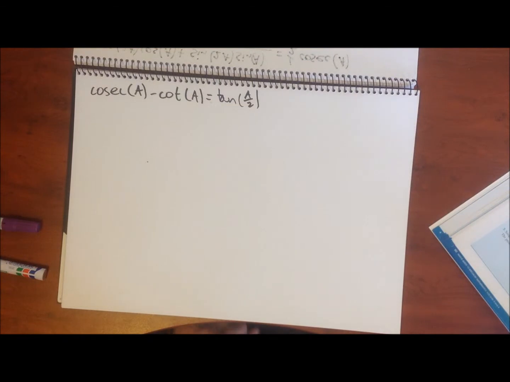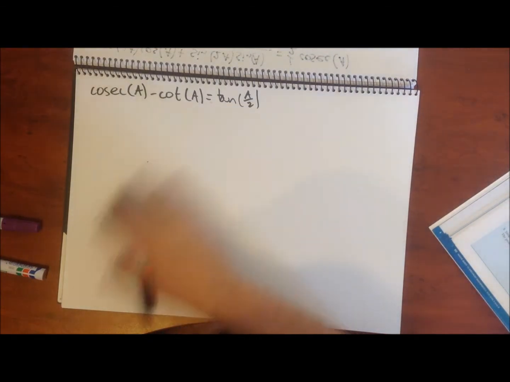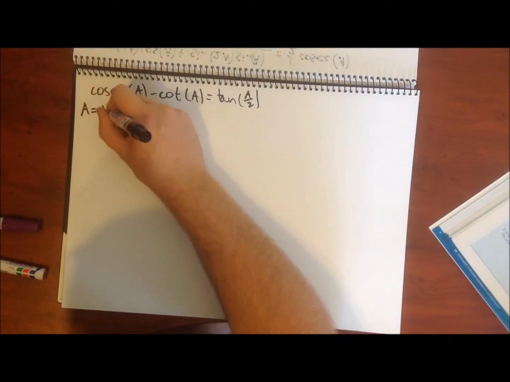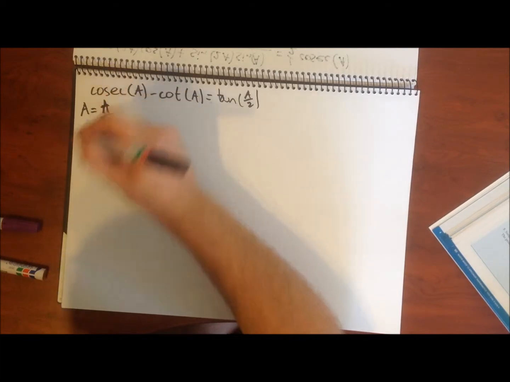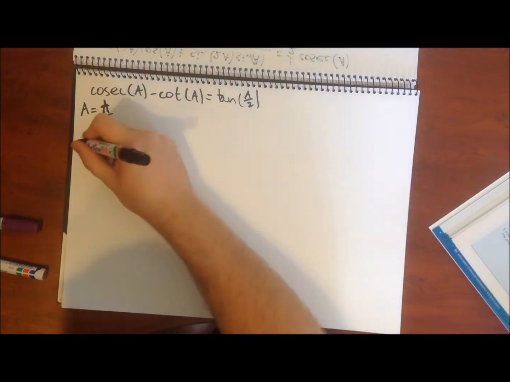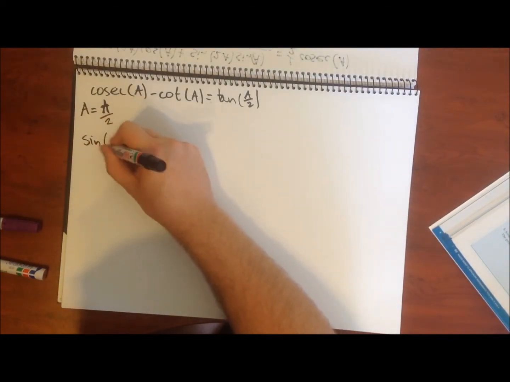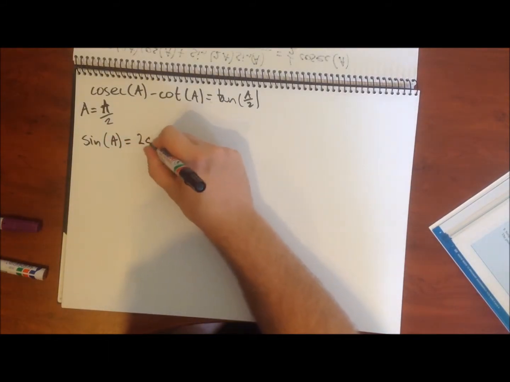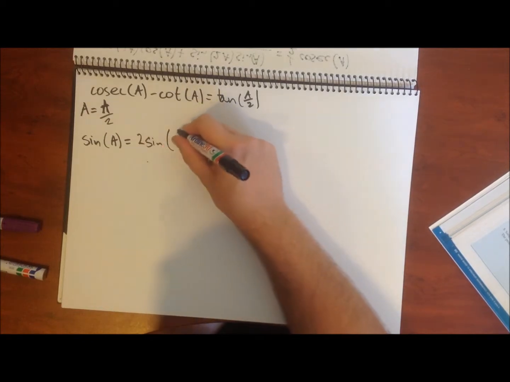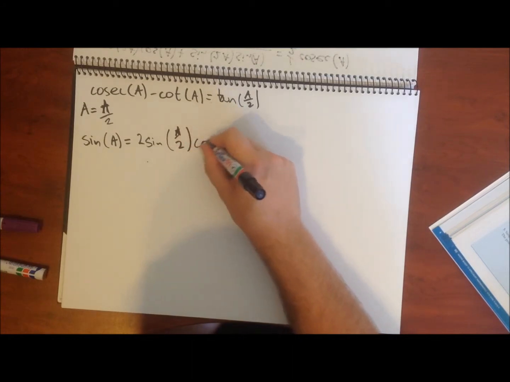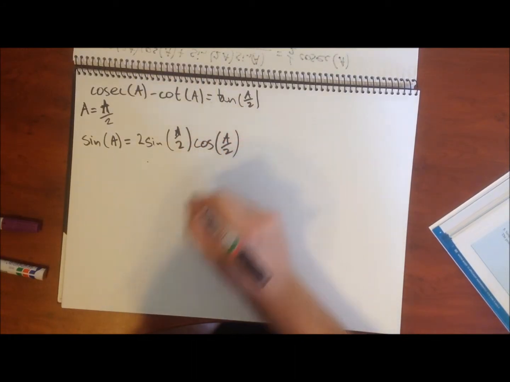Okay. So in order to do this, we've got some new equations that we need. What we're using for this is we're saying that if we replace a with a on 2, what happens then to our formulas? Well, that means that instead of having sine of 2a, we've got sine of a again, and that equals 2 sine of a on 2 cos of a on 2.